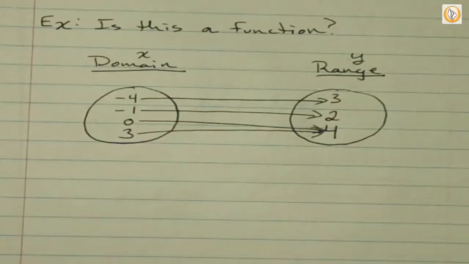All right. Emily, is that a function? Okay, Michael, is that a function? Cecilia, is that a function? Aiden? Whit? Gabby? Taylor? Okay, Emily, why is it a function?